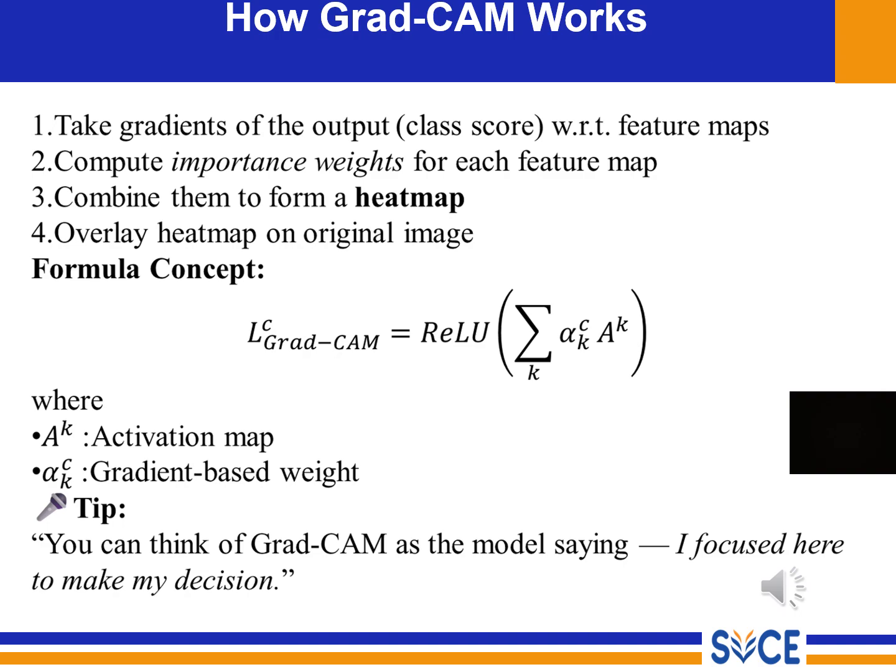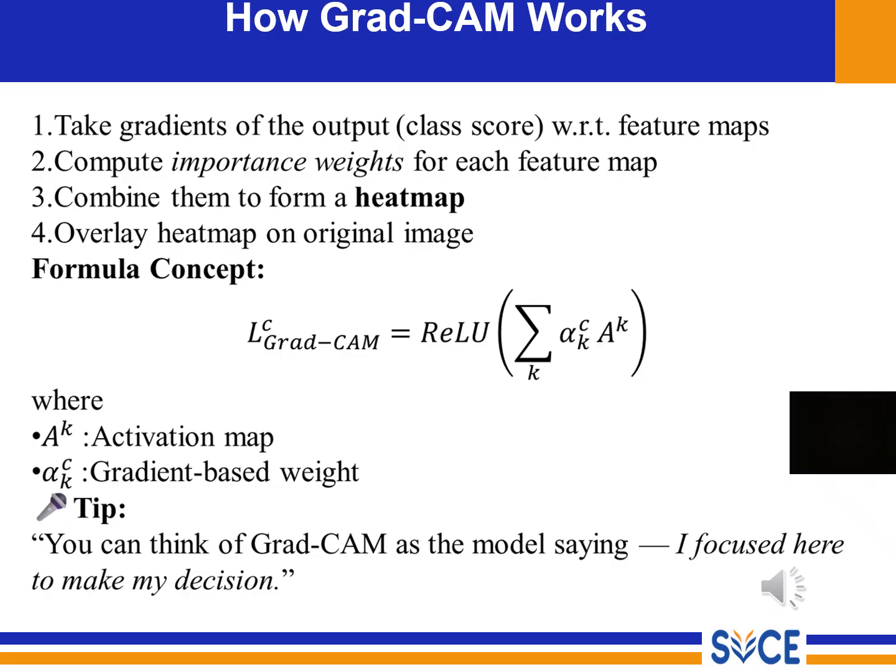In our dog image, the GradCam heat map will glow red around the dog's face or ears, showing the decision focus. So this is why GradCam is important. How does GradCam work?